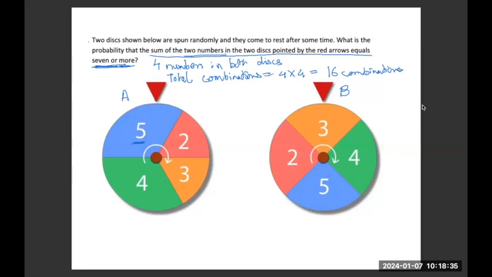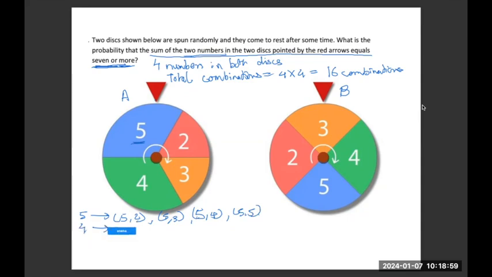Let's start with 5. With 5, the possible combinations will be 5, 2, then 5, 3, 5, 4, and 5, 5. So all 4, okay? Because all 4 will equal 7 or more.